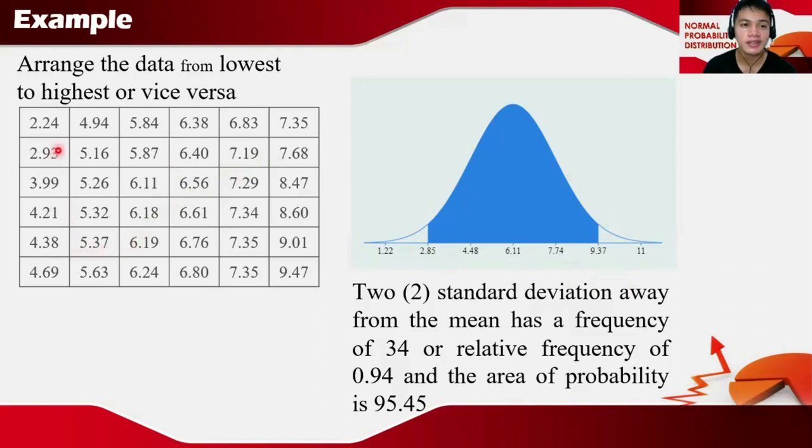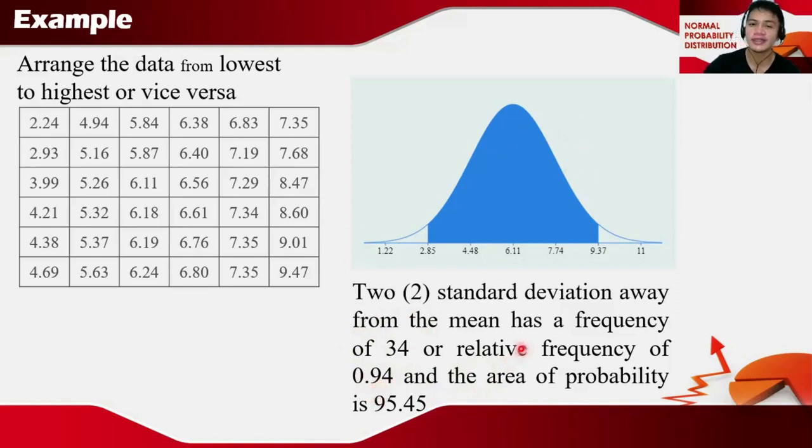It means 2.93 to 9.01. These are the values within this range. Thus, it will give us a frequency of 34, or 0.94, or 94% relative frequency, with an area of probability of 95.45 based on the empirical rule.